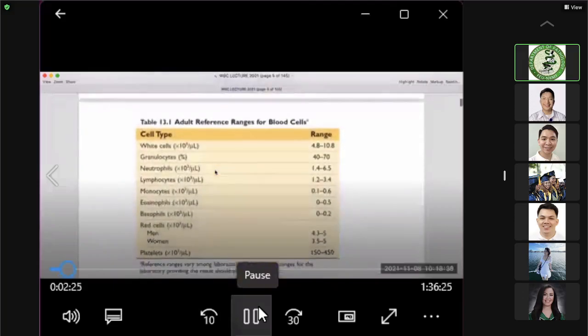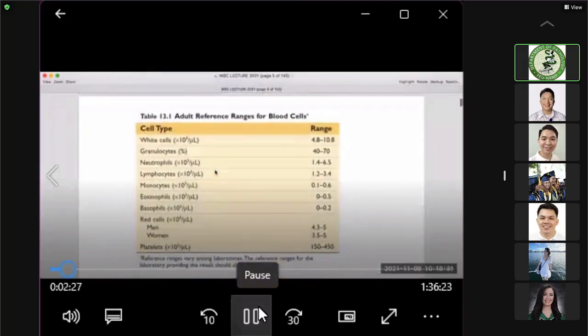Okay, so looking at the normal reference range for the different blood cells, you can see here that with regards to white cells, that's the range. So below that or above that, it's going to be abnormal. The same thing holds true. We have here the differential counts, comprising the different mature white blood cells.